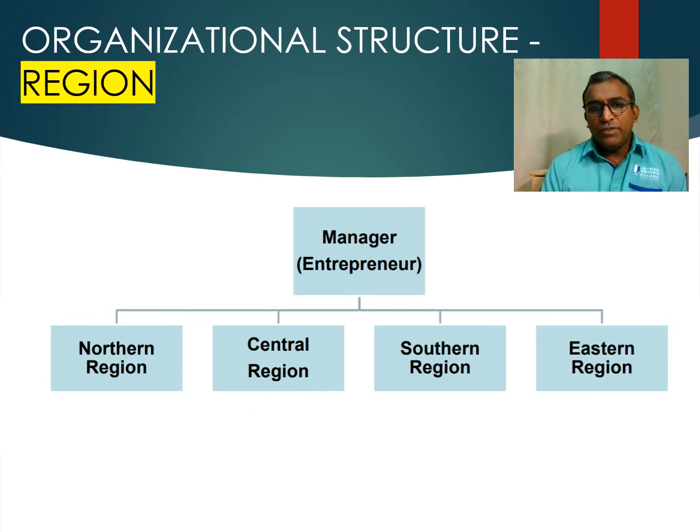Then you also have this one based on region, and this one I can give an example. Toyota has a North American region, South American, Asian region, and Australian region to take care of selling their automobiles. So that is done by region.